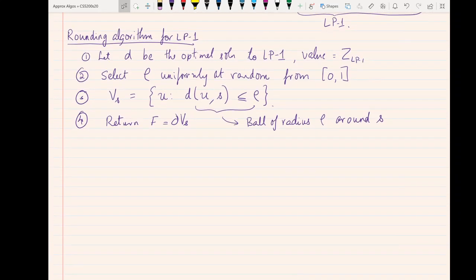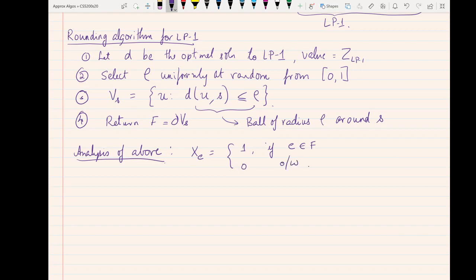So let's do the analysis of this algorithm. Well, we are going to introduce indicator random variables as is to be expected. So x_e is 1 if e is in F and 0 otherwise.